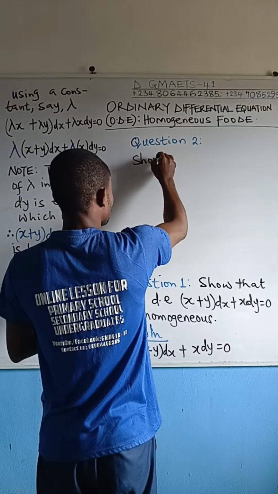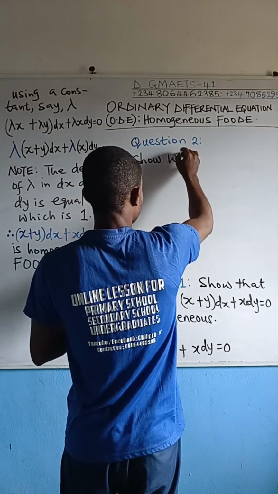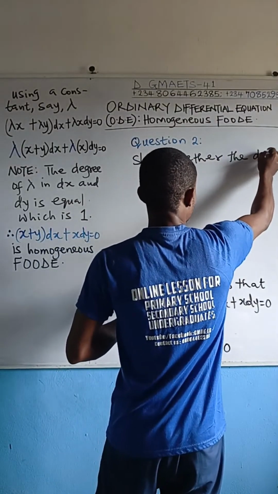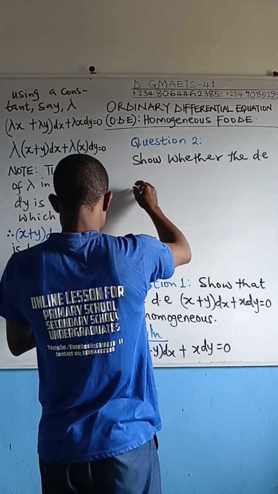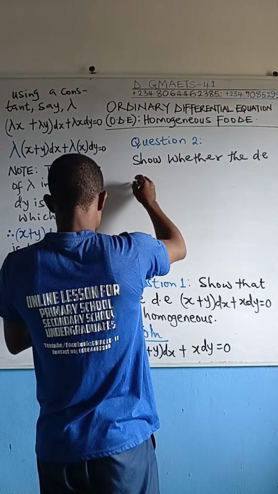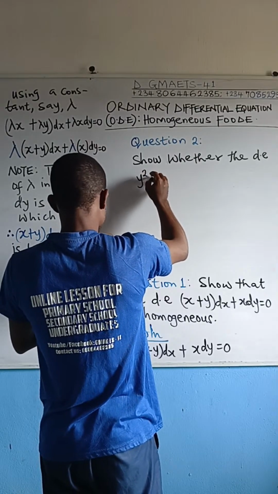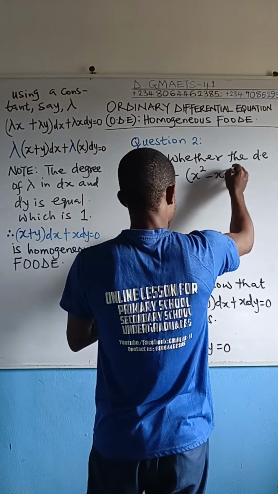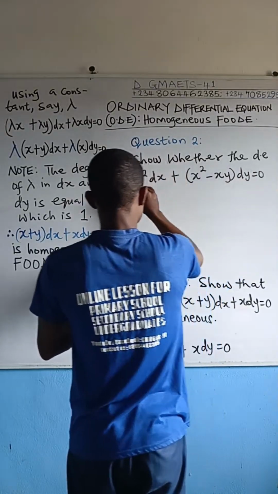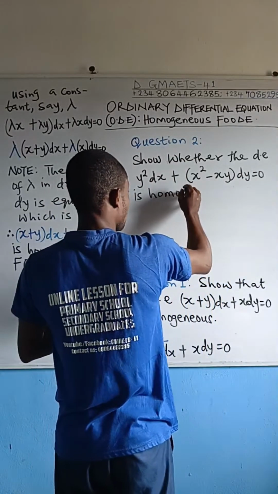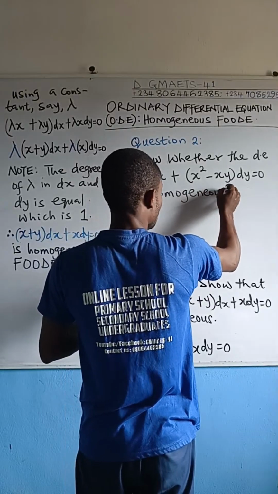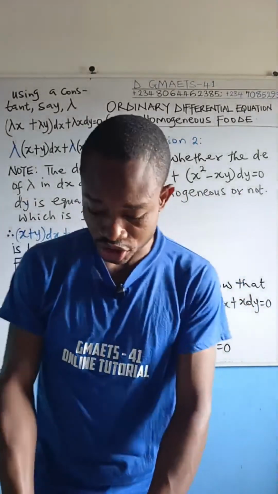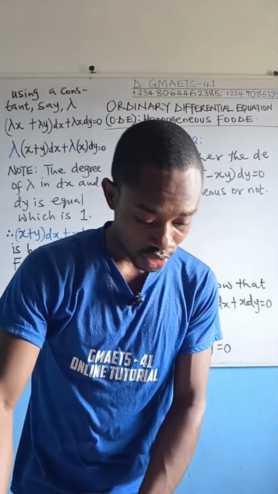Show whether the DE, y squared dx plus (x squared minus xy) dy equals 0, is homogeneous or not. So that's the question. We have to show whether the differential equation you have on the board there is homogeneous or not.